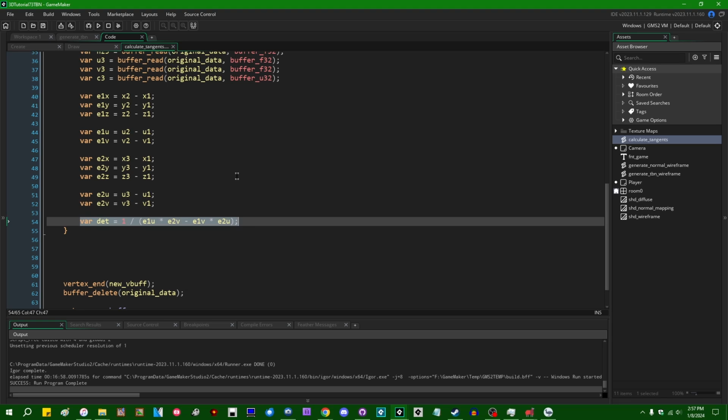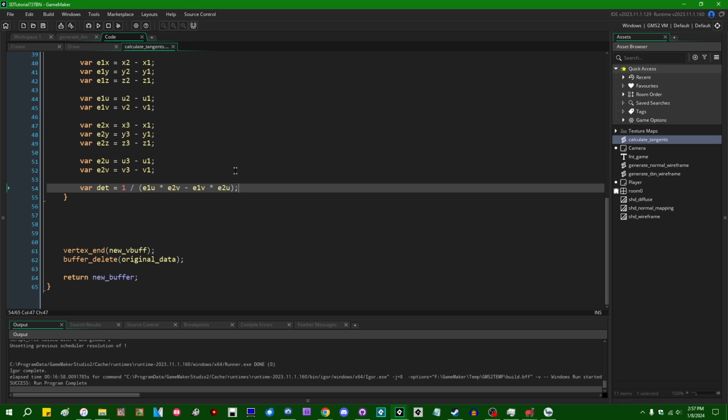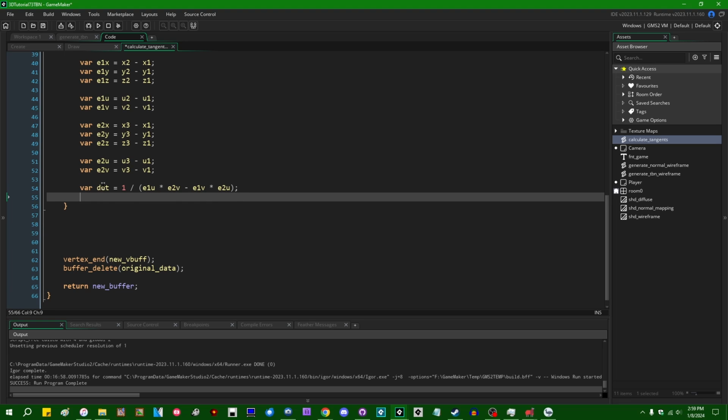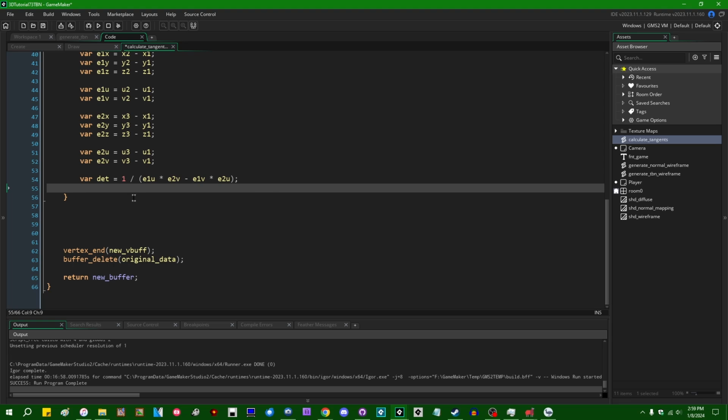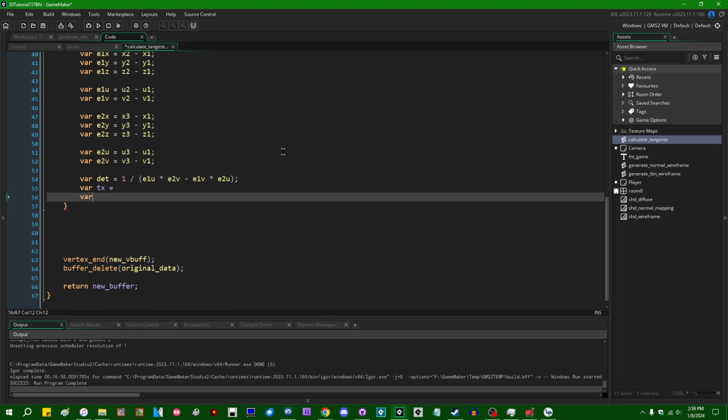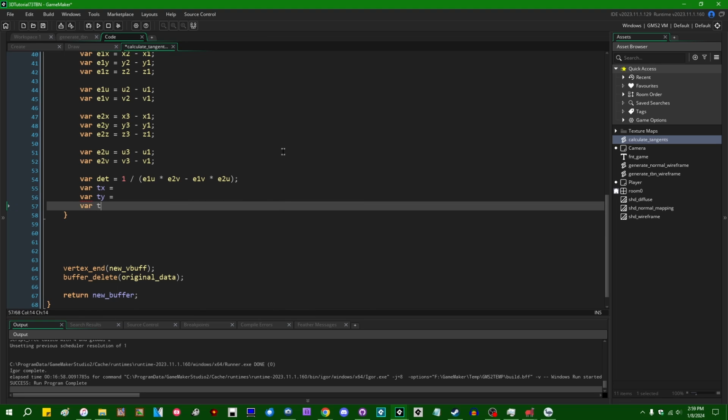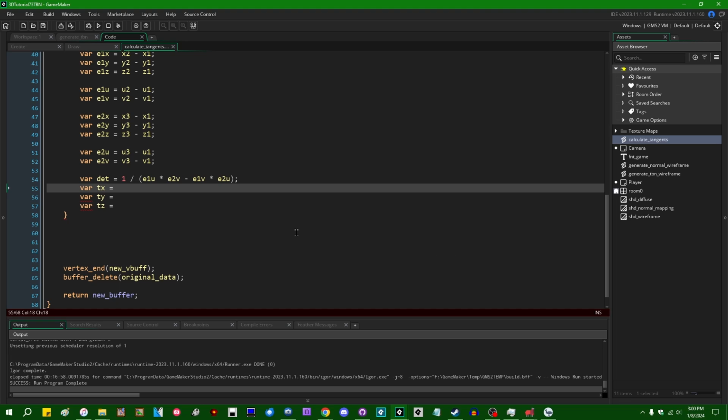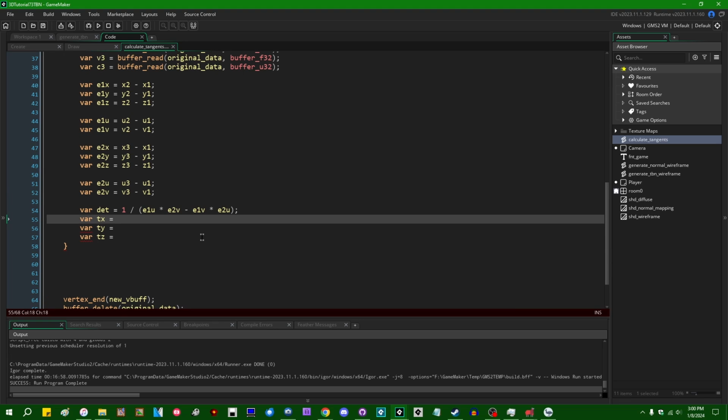Again, if you're into matrices, this will be the determinant of that matrix. Otherwise, you can just think of it as a scale factor that we will be multiplying a bunch of values by. This determinant value can, of course, be used to invert a matrix, and I'm just going to use that to multiply by a series of values, which we can use to figure out what I'm going to call Tx, Ty, and Tz, which is going to be the tangent vectors for a triangle.